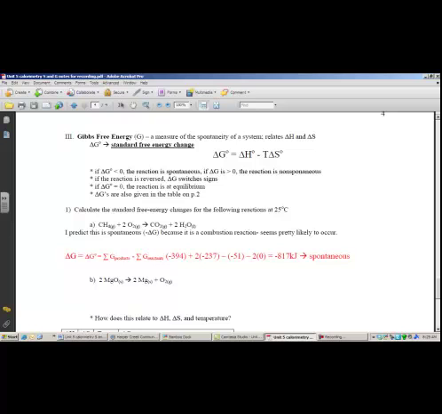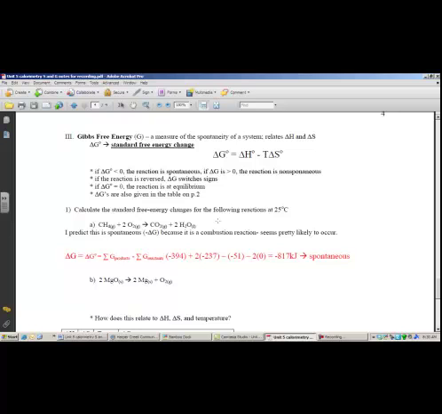So, for this particular problem here, and again, we're getting values from the table on page 2. Notice that this reaction, I'm going to predict that the combustion of methane is going to have a negative delta G because it looks like we've got a pretty spontaneous looking reaction.